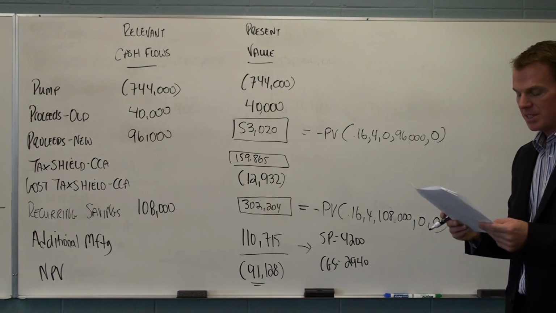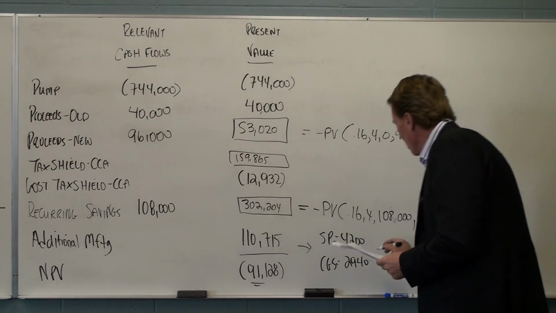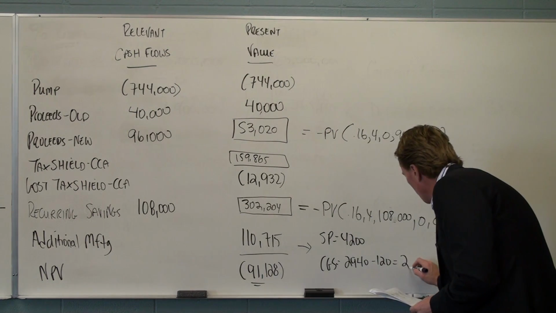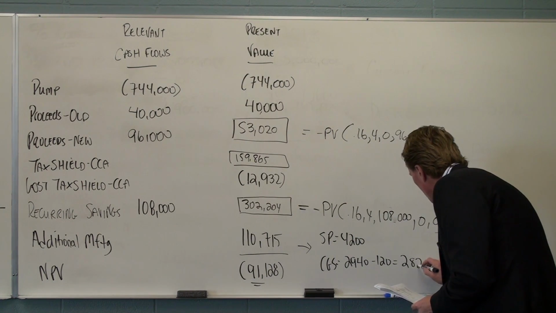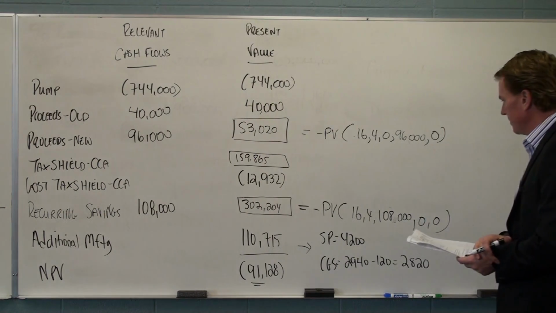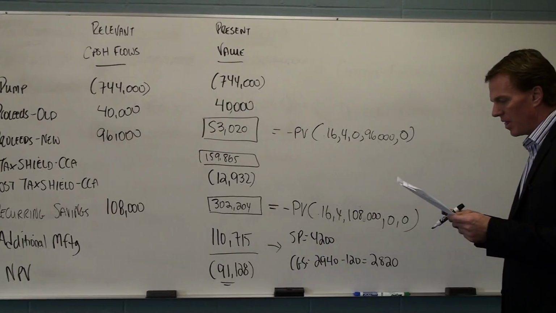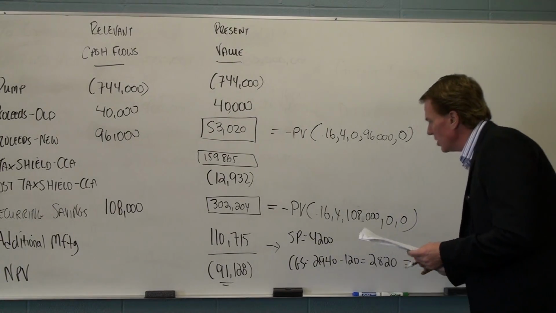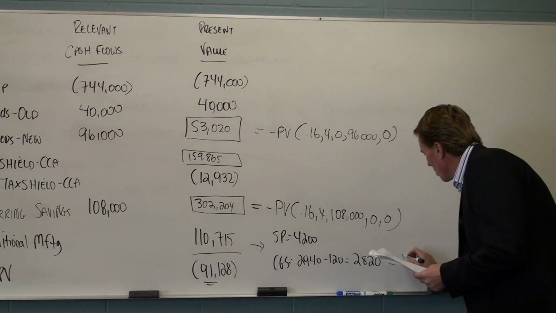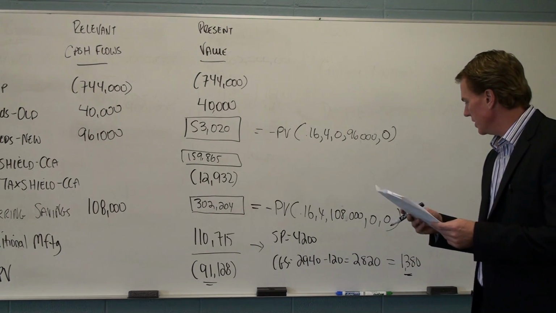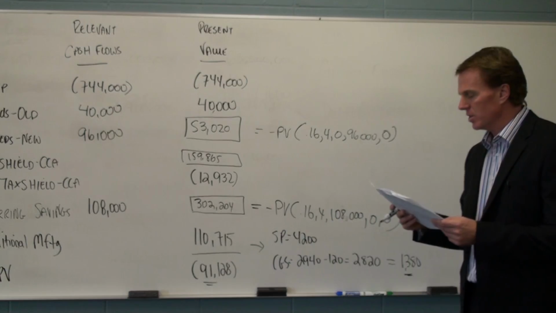You're going to be able to save $120 with this new pump. So therefore, your cost of goods sold will be now $2,820. So it's important to recognize that your additional cash inflow will be $1,380 per unit. And that's very important to recognize.